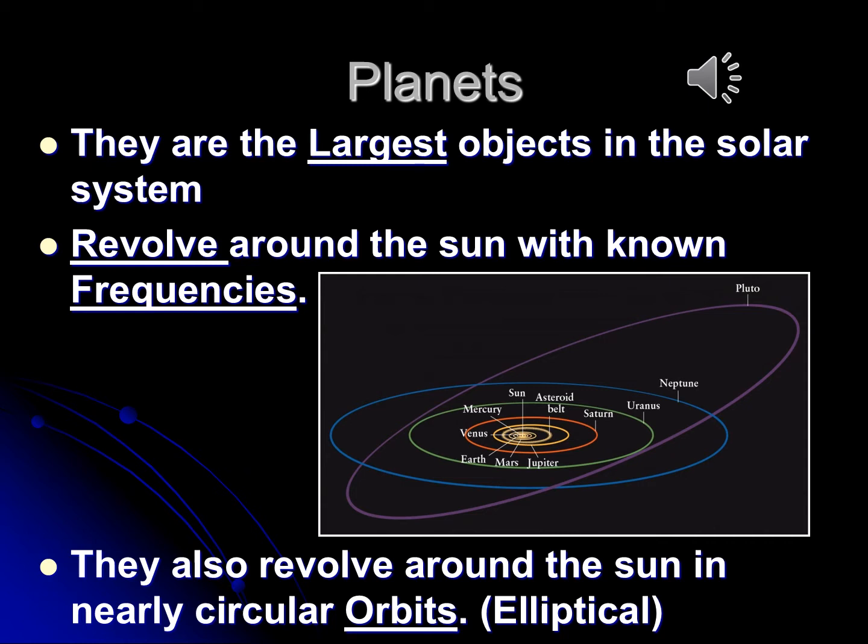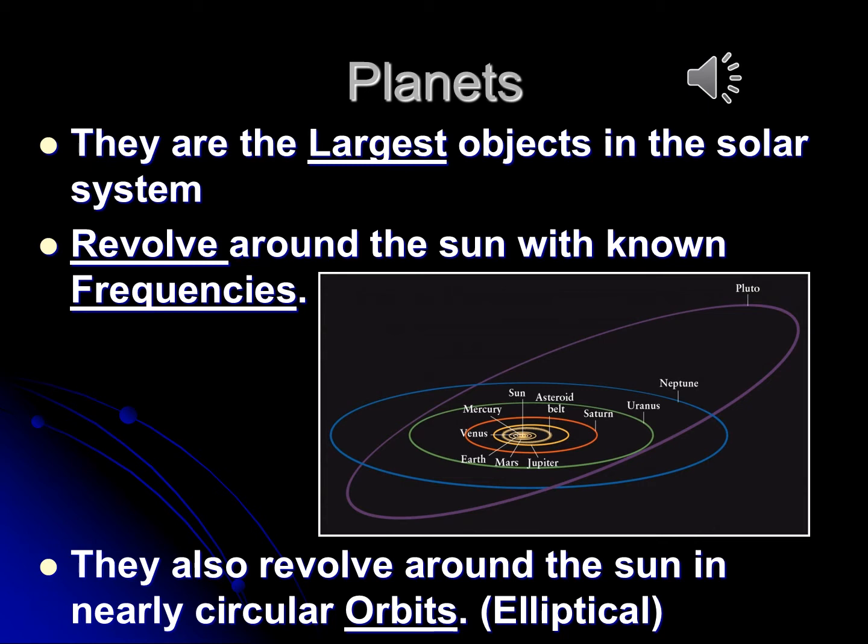So, for example, we know that Mercury is the closest planet to the sun. Therefore, it orbits in 88 Earth days. Now, as we move further out, the frequency is also going to change, because if you think about it, if you're going around something and you're close to it, you can go around it quickly. If you are at the far end of it, it's going to take you longer to revolve around it.